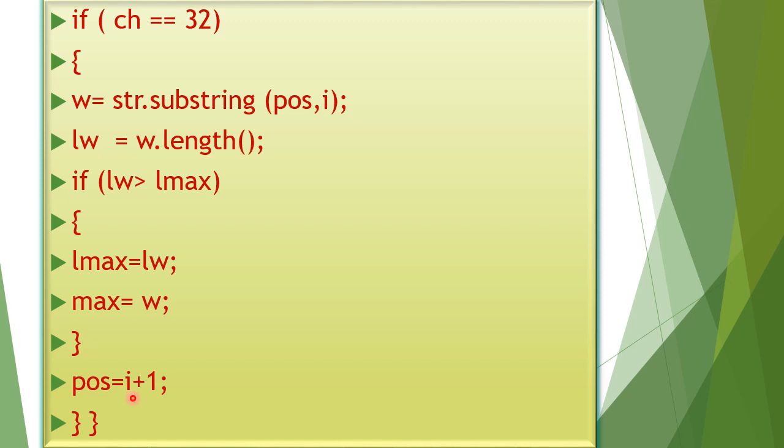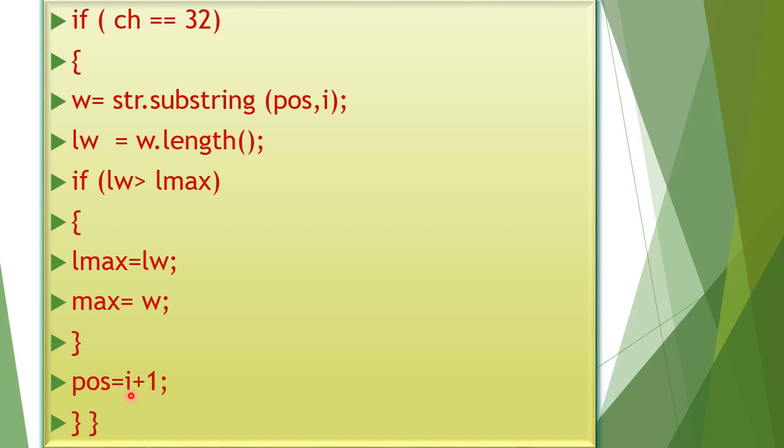When the first word is extracted, i becomes the index position of the blank space. So the next starting position is the beginning letter of the next word. That is why we write pos equal to i plus 1.